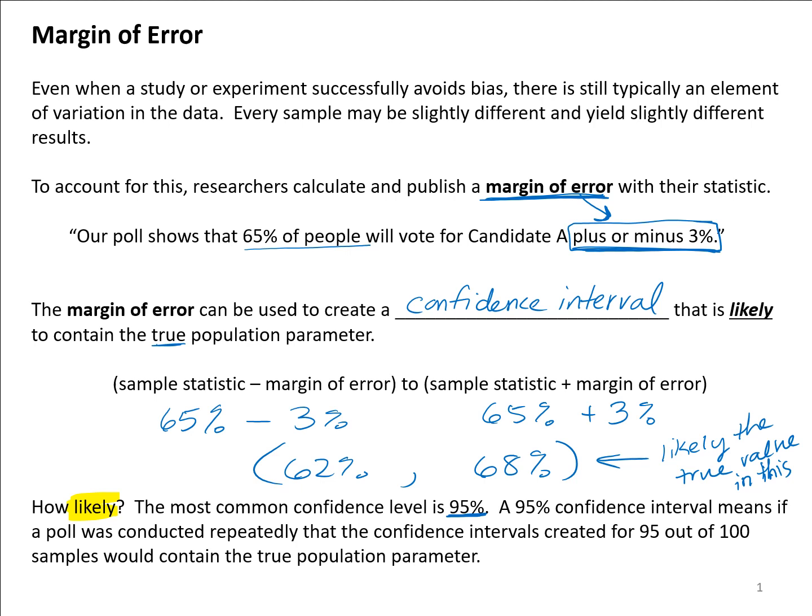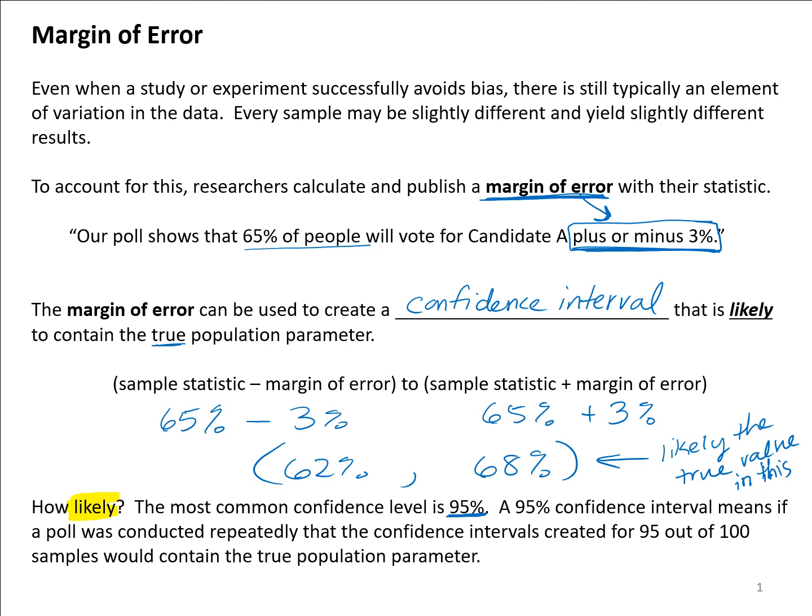A 95% confidence interval means that if a poll is conducted repeatedly, the confidence intervals created for 95 out of 100 samples would contain the true population parameter. So in 95 out of 100 intervals you create with this margin of error, you would find that the true value is within that interval.